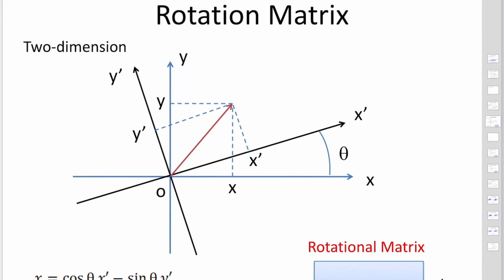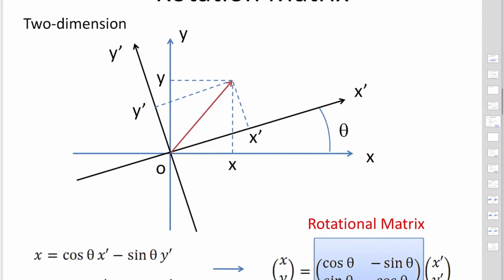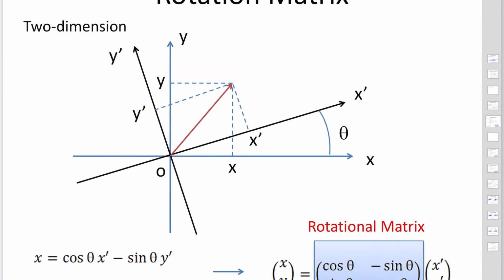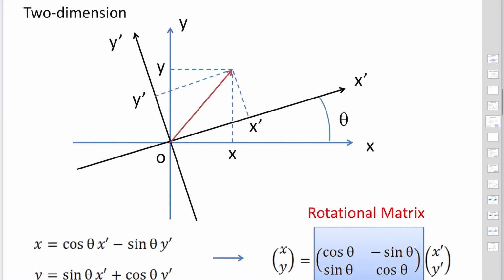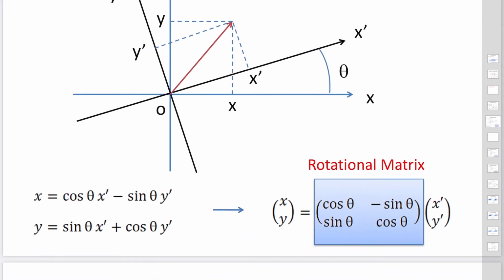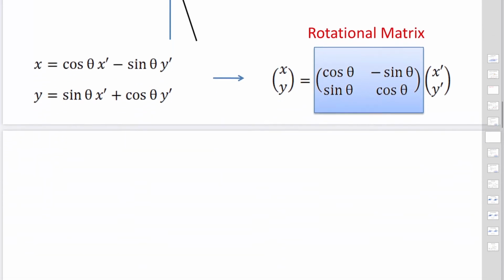And then we'd like to introduce the rotation matrix. We'd like to rotate the Cartesian xy coordinates to x prime and y prime, and express the relation between them. So we'd like to derive these relations.